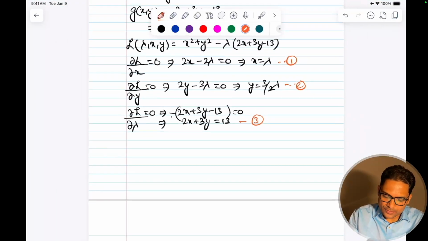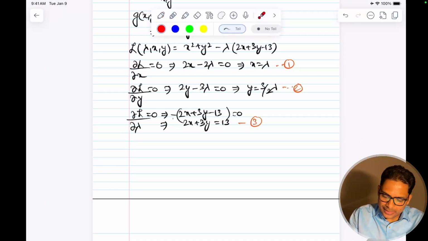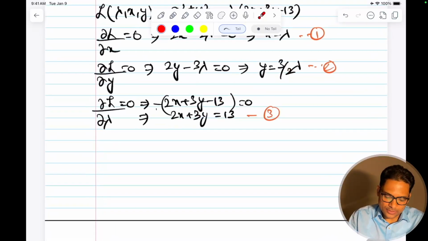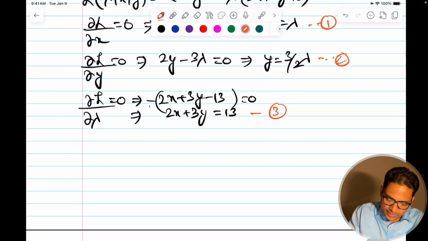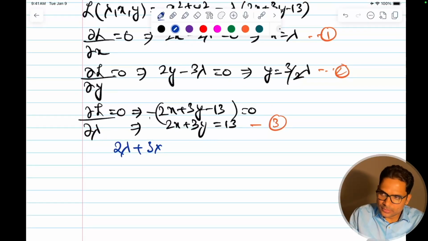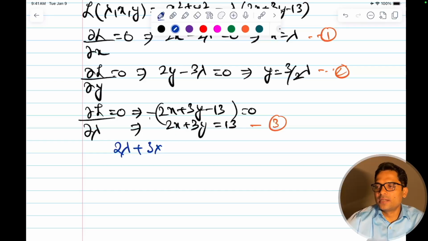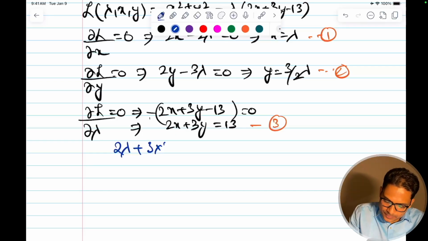So now let's solve this equation. We can put x is equal to λ in this equation, and y I also have in terms of λ. I can put them here and solve it. So this will give me 2 into λ, since x is λ, plus 3 into 3 by 2 λ equal to 13.